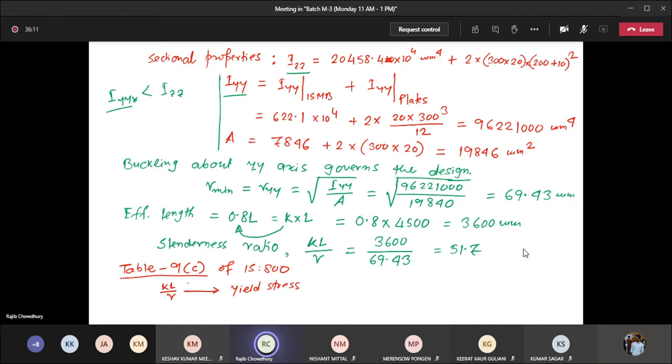So for KL/R ratio 50, the design stress is to be found. What is the grade of the steel? 250. Grade of the steel 250.